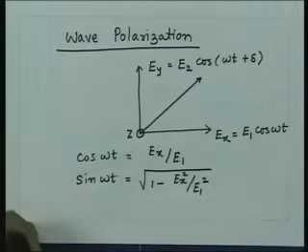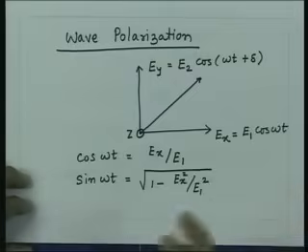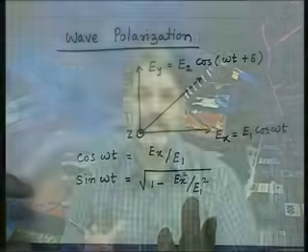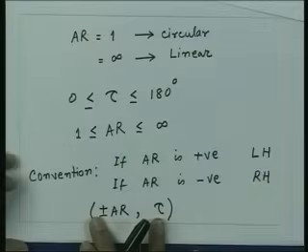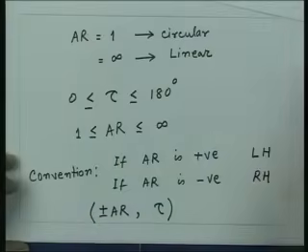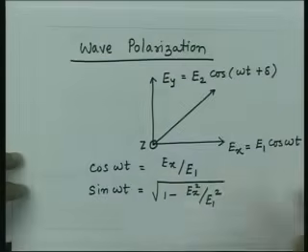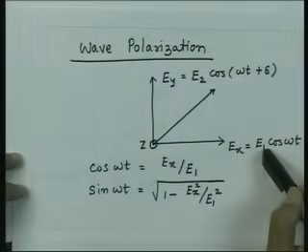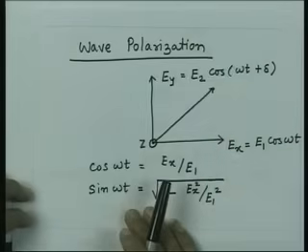So, a state of polarization now can be defined in two ways and they are equivalent. Either I can define the state of polarization in terms of its wave parameters, which is axial ratio and tilt angle, or we can define the parameters in terms of the ratio of these two and the angle delta.